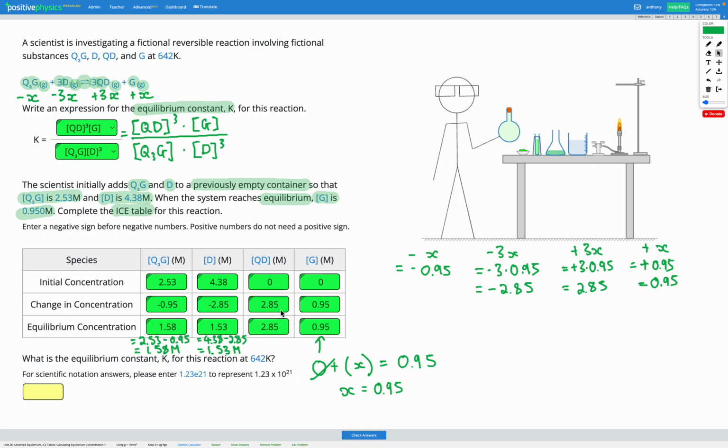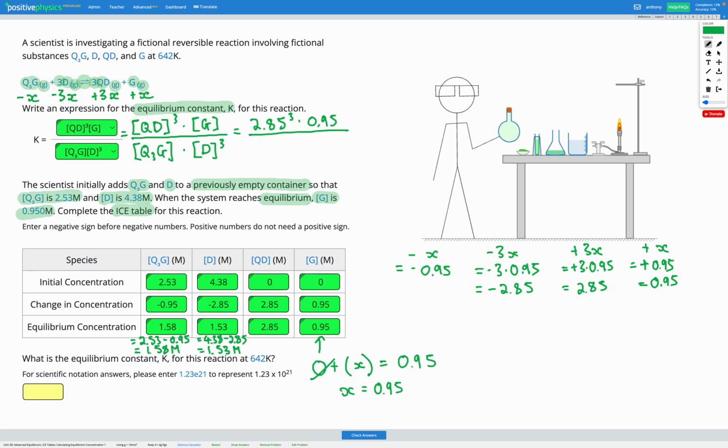Awesome. Okay, so we've now got our expression for equilibrium constant and we've got our equilibrium concentrations. So now we can go ahead and calculate our equilibrium constant by entering our equilibrium concentrations into our equilibrium constant equation. So for QD, the equilibrium concentration is 2.85. That's going to be to the power of 3. Multiplied by, for G, it's 0.95 at equilibrium.